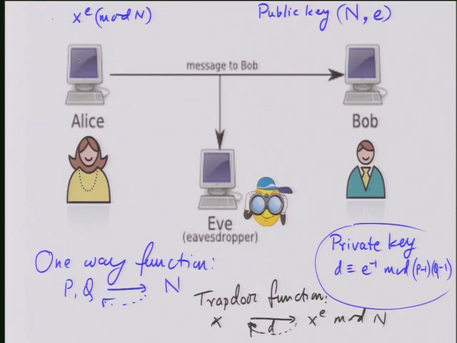But nobody can go from right to left unless they know the secret. Once you know the secret, that's the trapdoor information, and that allows you to go backwards. And so Bob very cleverly picks the trapdoor first. And then he says, here's how you compute. Now everybody can compute, but only Bob can invert. Yeah?